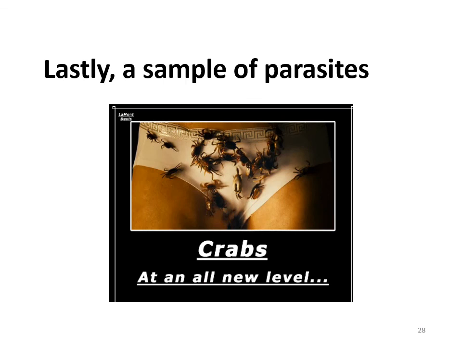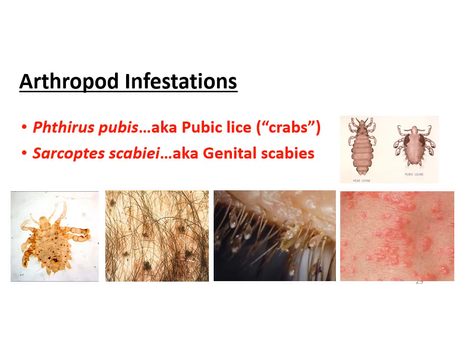The last thing I want to point out is a quick sample of parasites that can be sexually transmitted. So two main parasites that can be sexually transmitted, they are arthropods, okay, meaning little insects, little mites. They are Pthirus pubis and Sarcoptes scabiei, basically called crabs versus genital scabies.